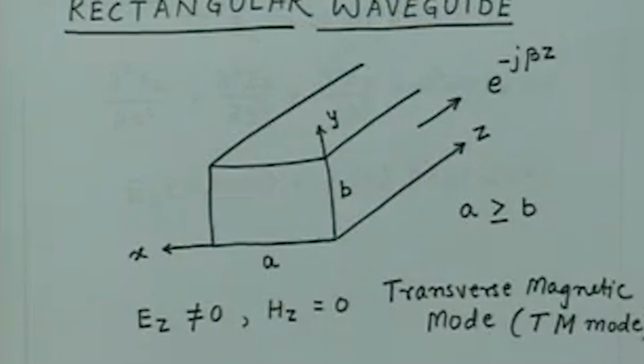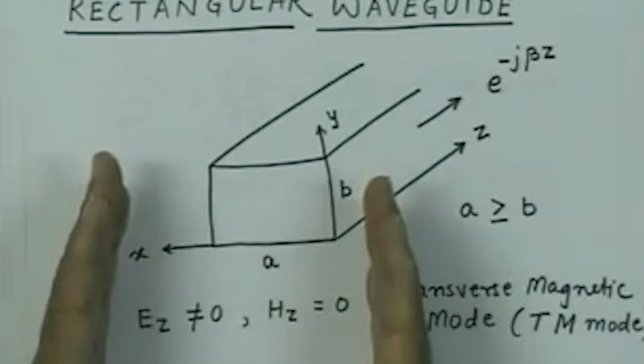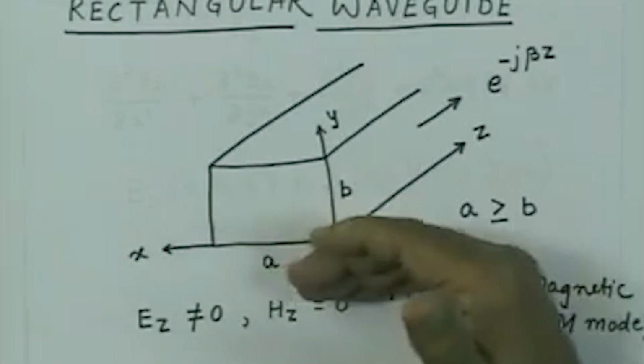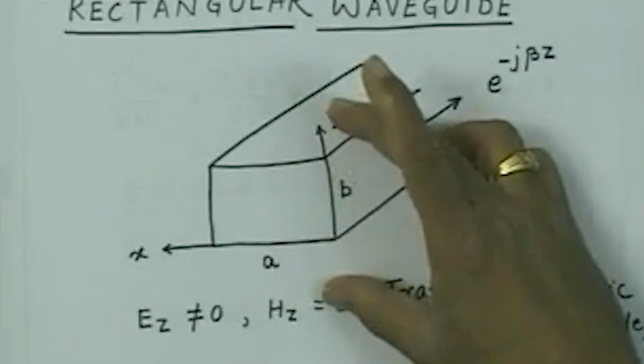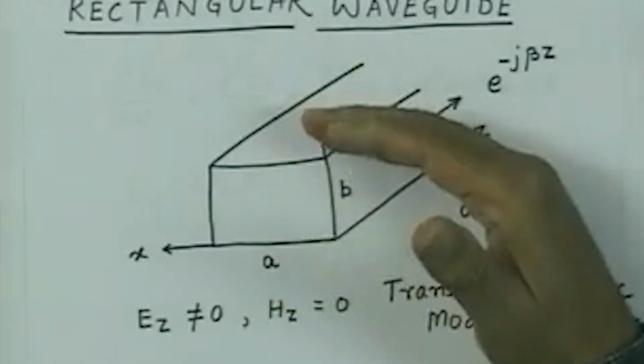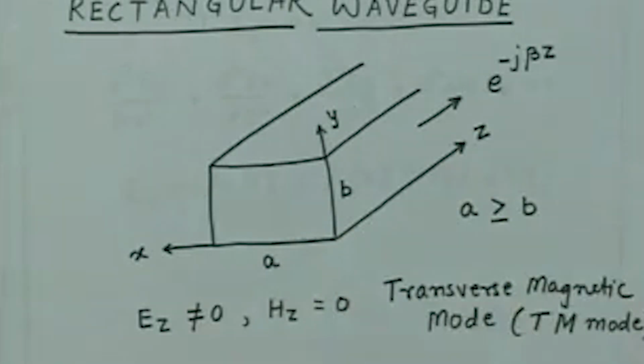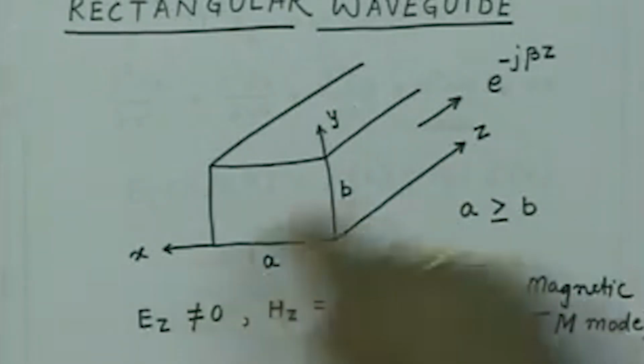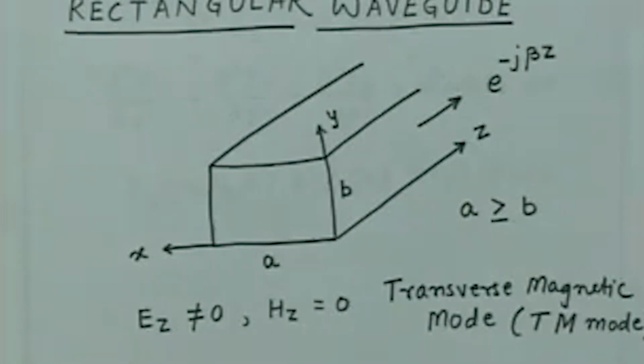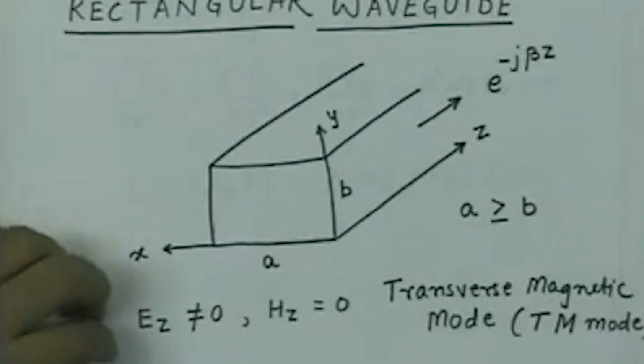So, the physical understanding tells me that the solution along the x direction must be of standing wave type. The solution along the y direction also must be of standing wave type, and the solution along the z direction must be of travelling wave type, because in that direction the net wave propagation is going to take place. With this understanding, now we are going to solve the problem.